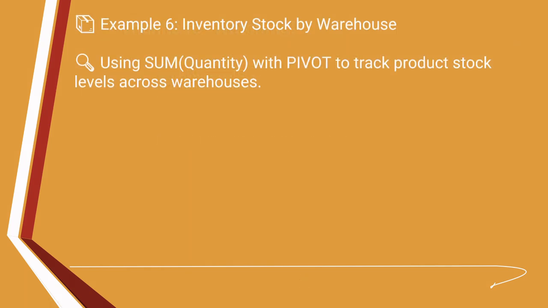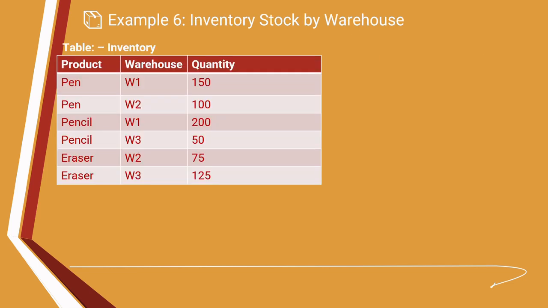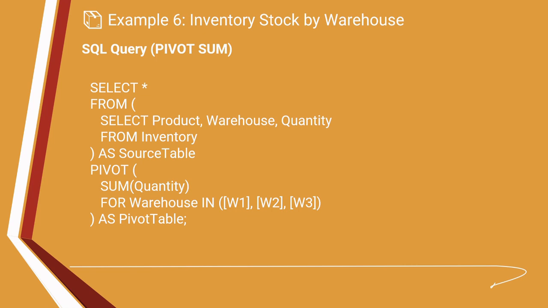In this example, we will analyze product quantities across multiple warehouses using the sum function with pivot. The inventory table contains products, their warehouse locations, and the quantity stored at each. Our query pivots the warehouse column and calculates the total quantity of each product per warehouse.